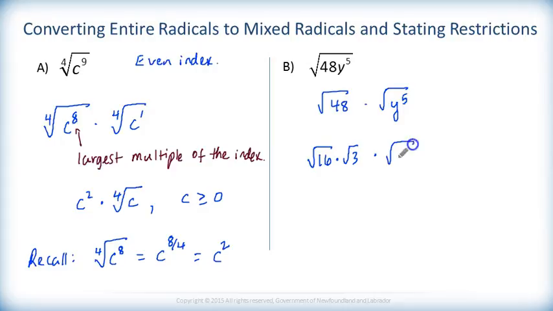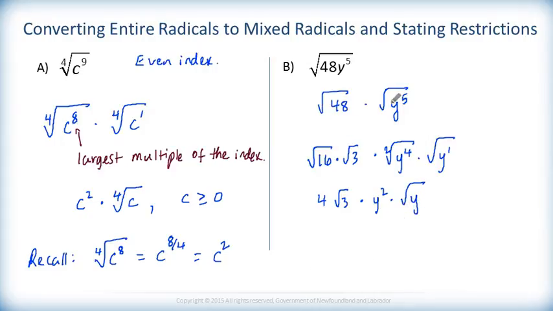So we express this as y to the 4 and y to the 1. The square root of 16 is 4. The square root of 3 is not perfect. For the square root of y to the 4, the index is 2, so we divide the 2 into the 4 to get y squared. And then we have the square root of y to the 1 left.